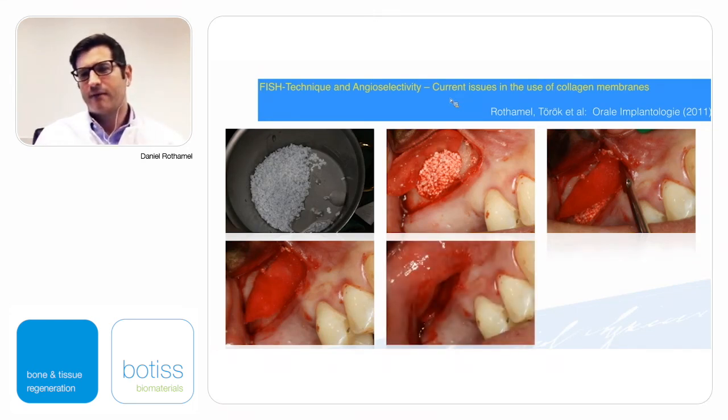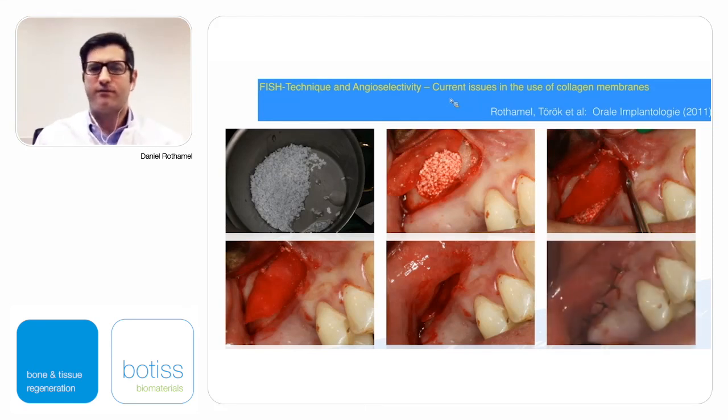And for stability matters, this might be a little idea to immobilize the membrane inside the sinus cavity for perforations, or even if there's no perforations, and with the same membrane to cover the facial aspects of the sinus to protect this area from soft tissue ingrowth too.